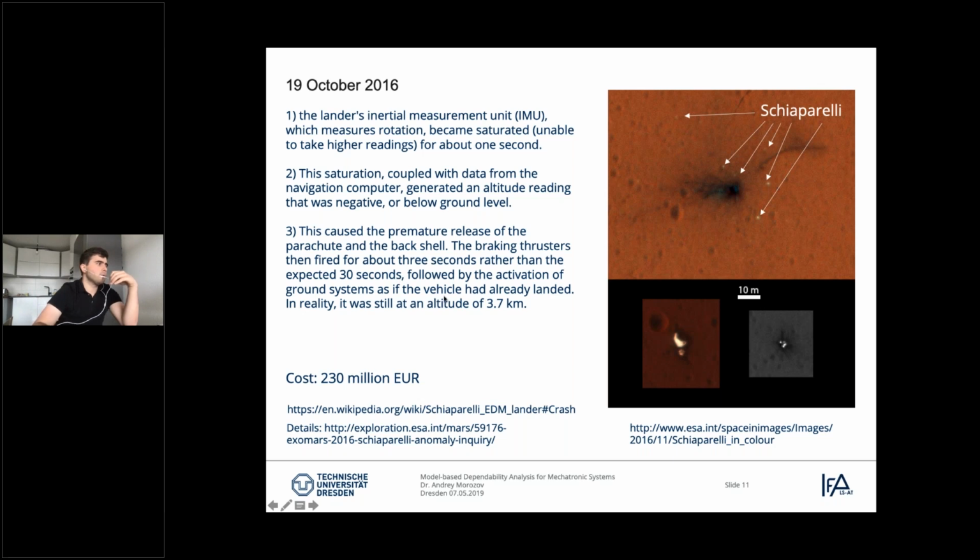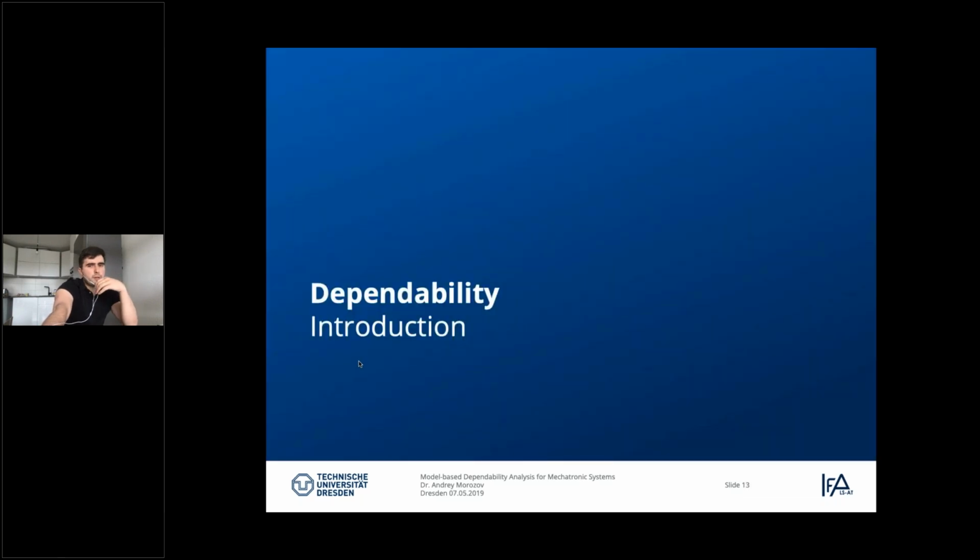The problem is that it was not on the ground; this was done at an altitude of 3.7 kilometers, and then it impacted the Martian surface at quite high speed, 540 kilometers per hour. It was of course an unmanned mission, but it was quite expensive, 230 million euros. So this is one more example of failures.